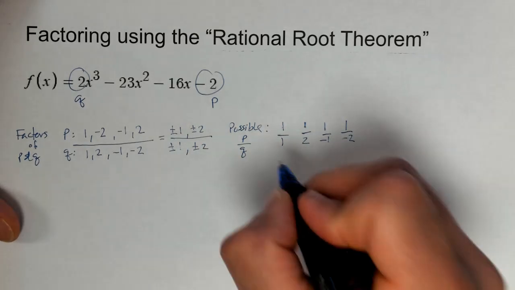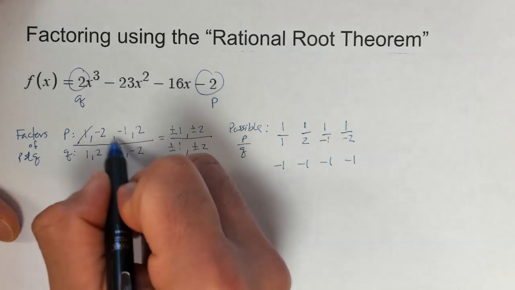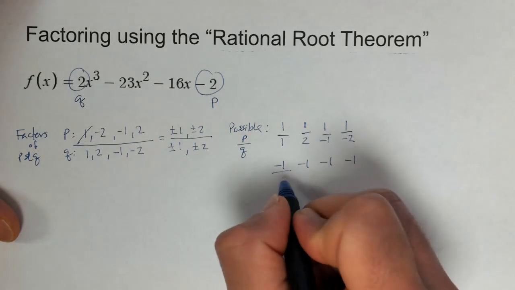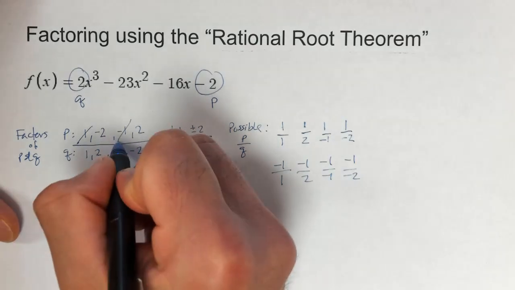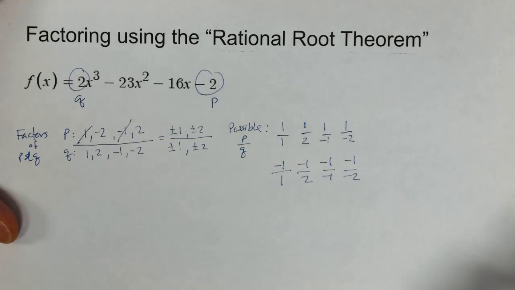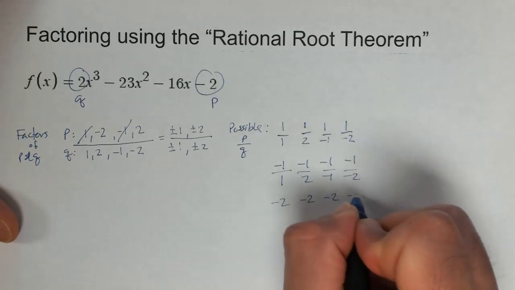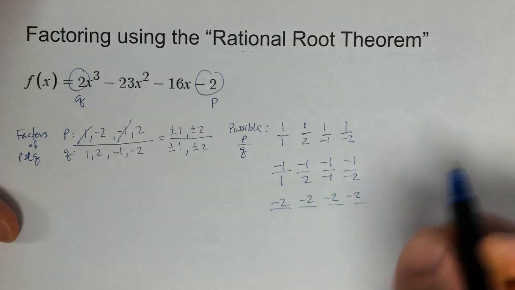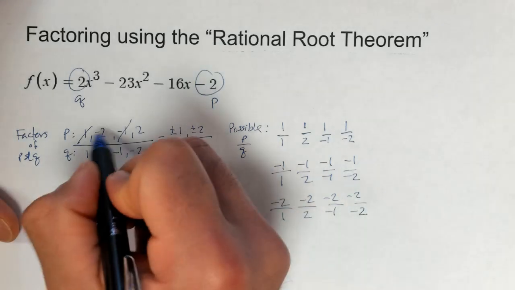If the number on top is, say, -1, say this one, I can divide it by 1, by 2, by -1, and by -2. And I can go through this process for all the numerators, right? If -2 is my numerator, I can divide it by 1, by 2, by -1, and by -2.